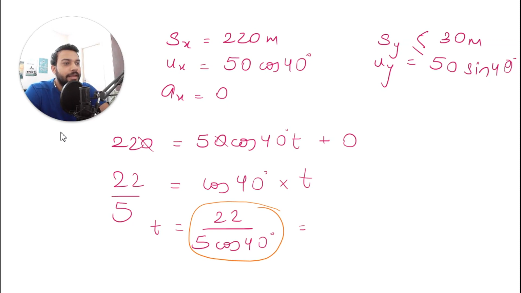Now we have the time value. Now we'll calculate, after this time has elapsed, what's the vertical displacement. For that, we're going to use the second equation of motion in the vertical dimension. So Sy is equal to Uy t minus half g t squared. Sy, we don't know.